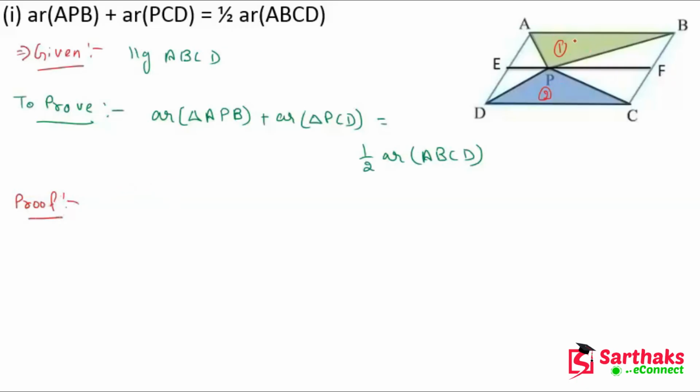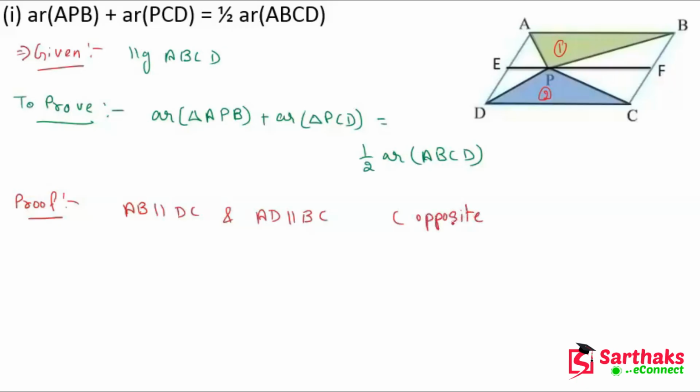So since we know that ABCD is the parallelogram, we can write AB is parallel to DC. Okay. And AD is parallel to BC. These are the opposite sides, and we know that opposite sides of parallelograms are parallel.